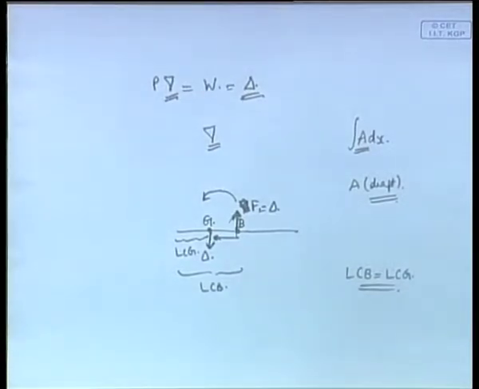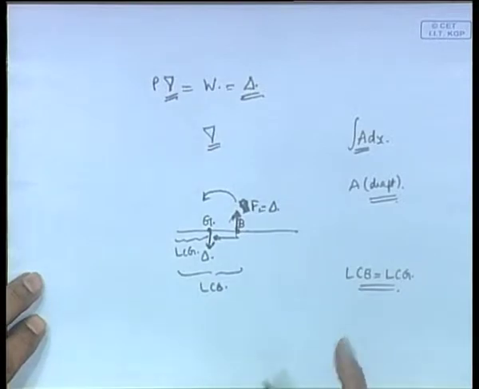So, this is the stable condition when the ship is static. You have LCG equal to LCB, that is, the center of gravity and the center of buoyancy act on the same vertical line. So, this is an important condition for stability for ships.